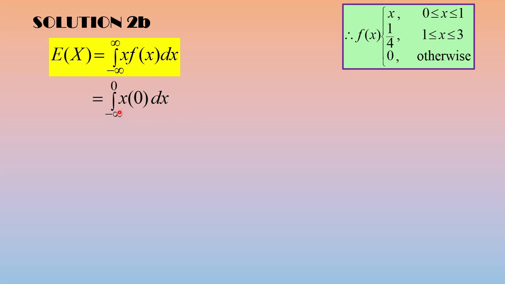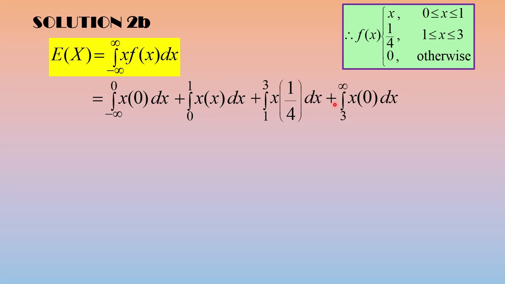So we need to integrate from negative infinity to 0, x times 0, plus from 0 to 1, the function is x, so x times x, plus from 1 to 3, the function is 1 over 4, so you multiply with x, plus from 3 to infinity, x times 0 dx.